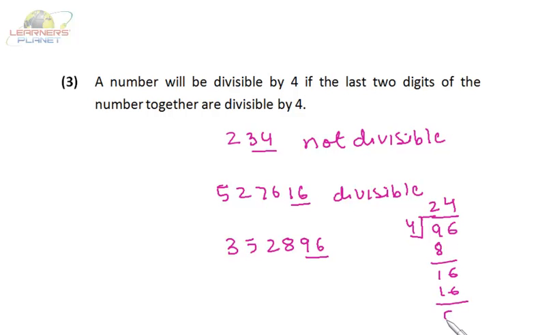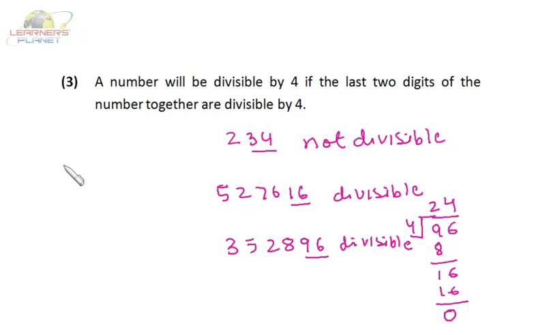We are getting remainder as 0. That means 96 is divisible by 4 or 96 is multiple of 4. That means the last two digits are multiple of 4. Hence, the entire number will be multiple of 4, or we can say the entire number is divisible by 4. Okay, so it's divisible.